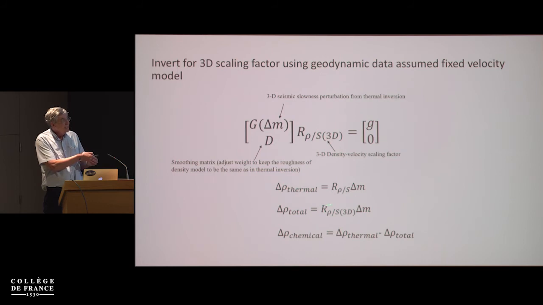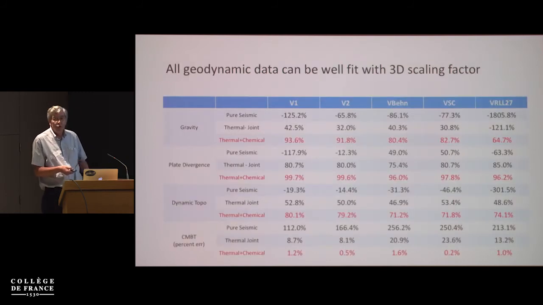The total density field is that 3D scaling factor times our seismic model. The thermal one was the original, and what we call chemical density anomaly, just for a short name, is the difference between those two. If we do that, we can get quite good fits to the geodynamic data, same fits to the seismic data. So gravity here, we're up at 90%, different viscosity models, slightly lower for these models.